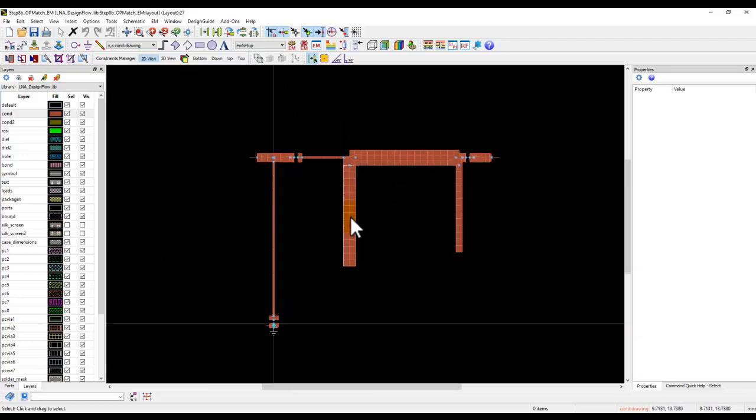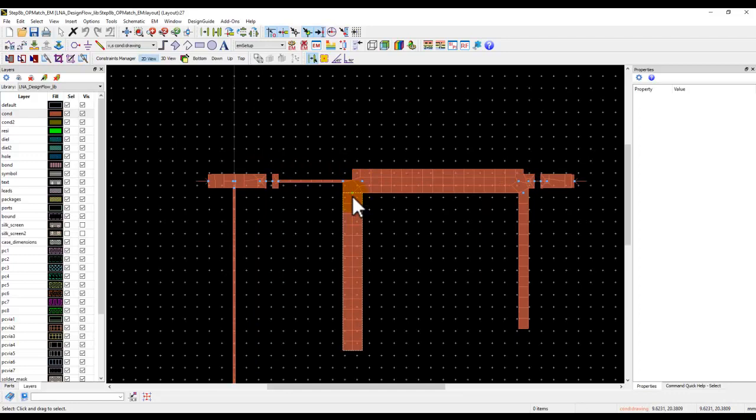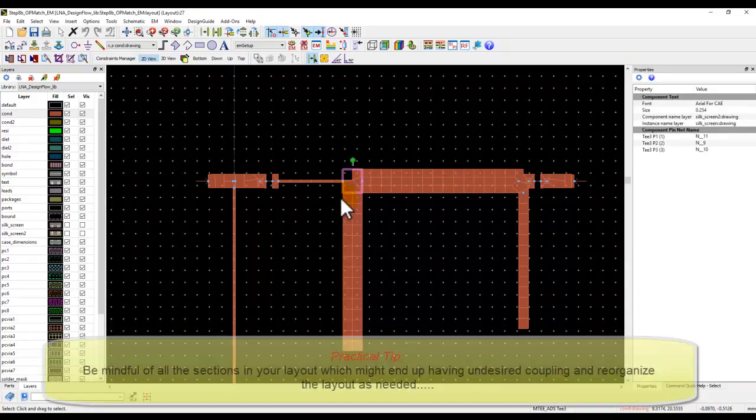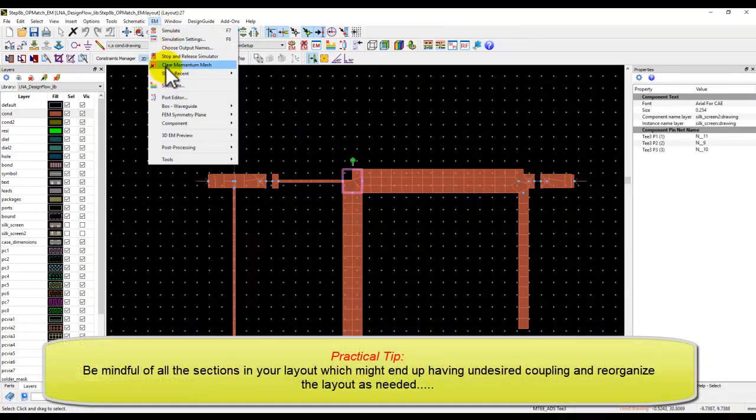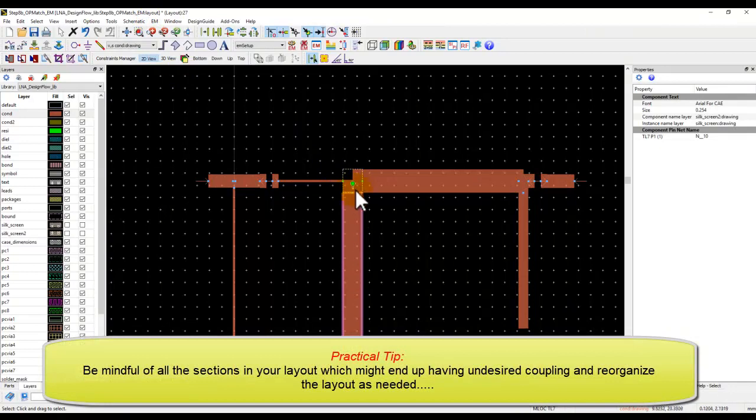And another good tip to remember when you're dealing with these: if you find these two stubs very close to each other, because again, it depends what kind of matching you're doing, then you could take one of these, and let me clear the mesh. So you can take one of the sections here, and if this stub, for example, is coming very close to this stub, that might induce a parasitic coupling between them.